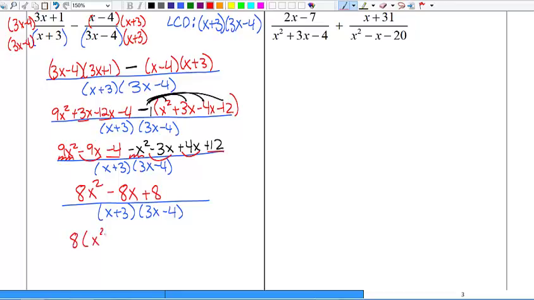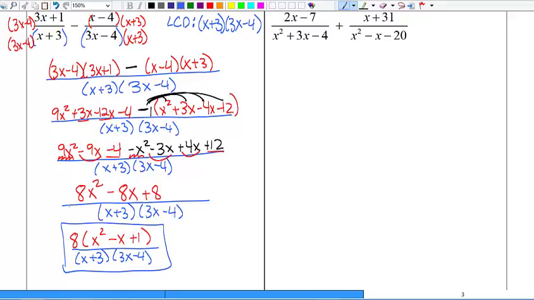I have 8, so I have 8 times x squared minus x plus 1, still over that denominator. And it doesn't look like anything else can factor out, so I am done. Because nothing divided out or reduced, you could have also answered it in the form above it.